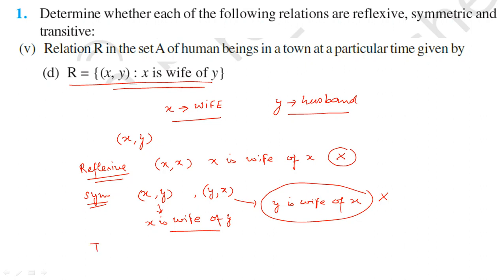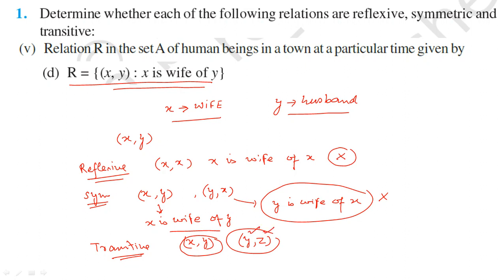Now, what about the third category? That is transitive nature. X, Y and then Y, Z. If X is wife of Y, how can I say Y is wife of Z?